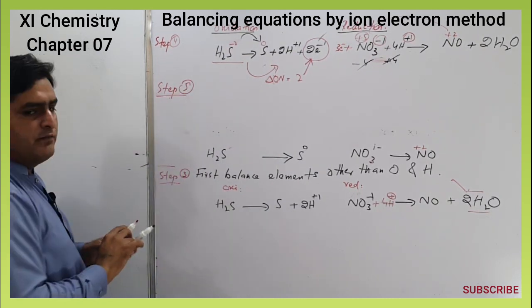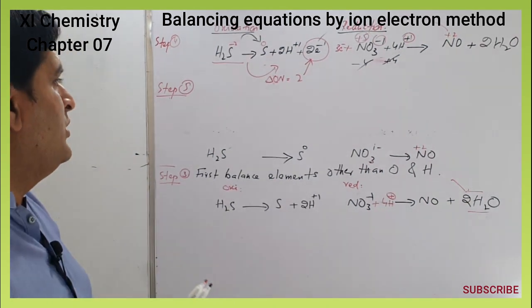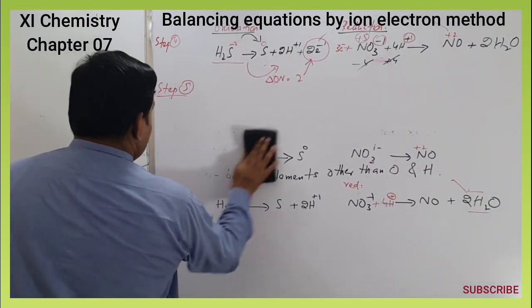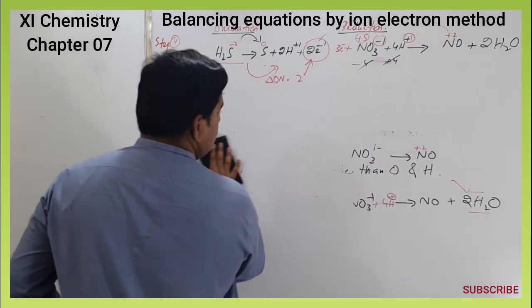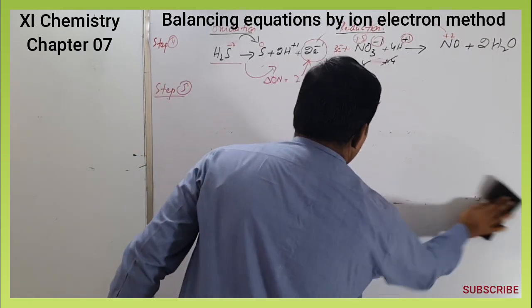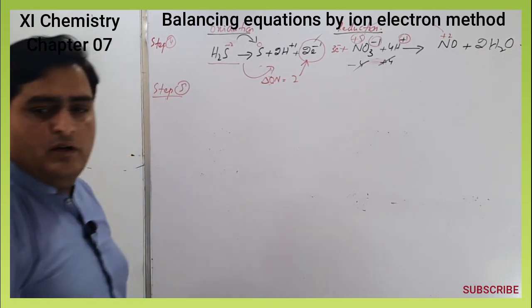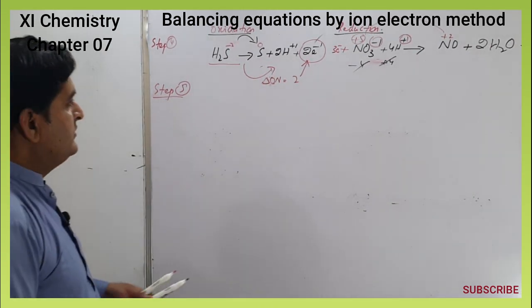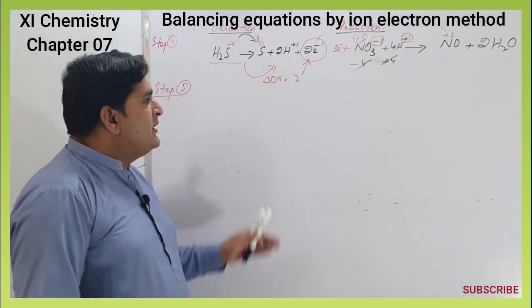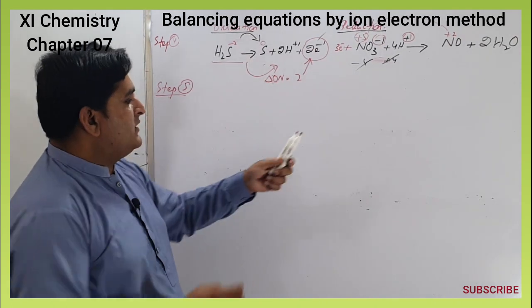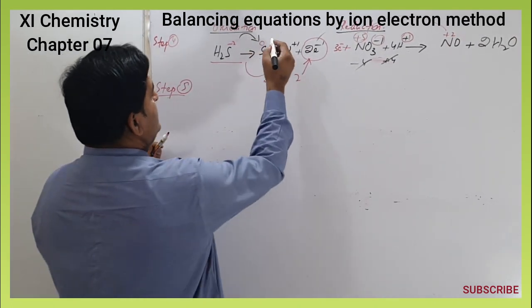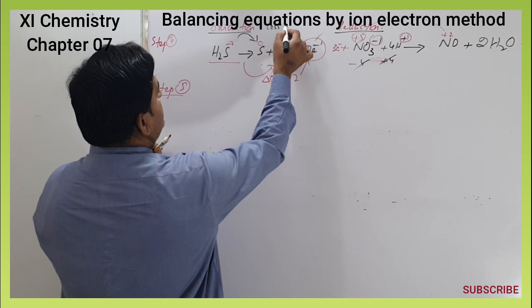In step number 5, what we have to do is multiply either one electron equation or both equations by a suitable number in order to equalize the loss or gain of electrons. This is oxidation, and oxidation means loss of electrons.